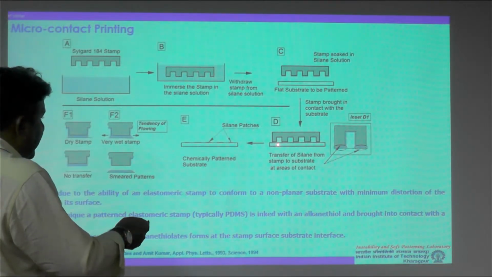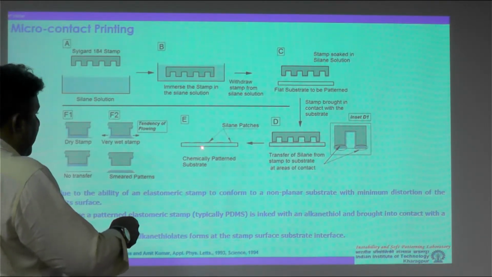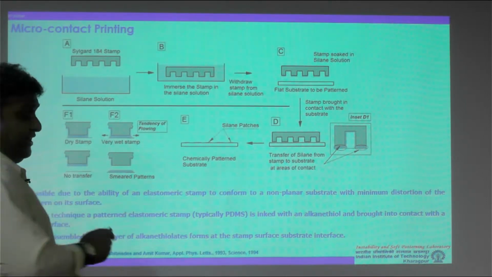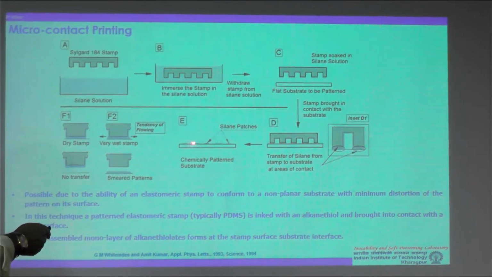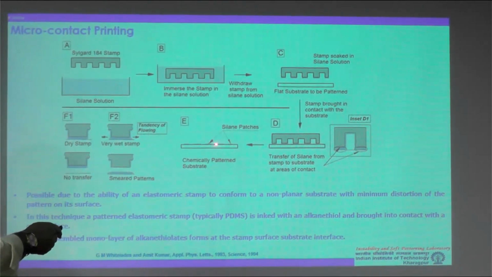These areas where it did not come in contact, the original surface properties are retained. Whereas the areas where the stamp came in contact, a layer of self-organized monolayer forms over these areas. So now what has happened? Let's say the self-organized monolayer leads to hydrophobic properties.